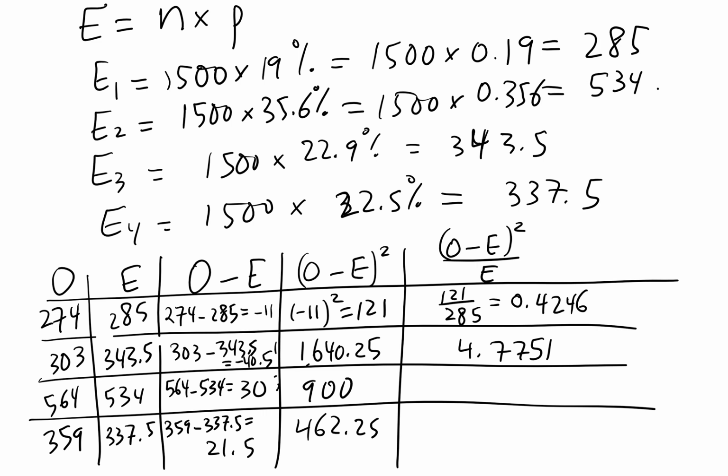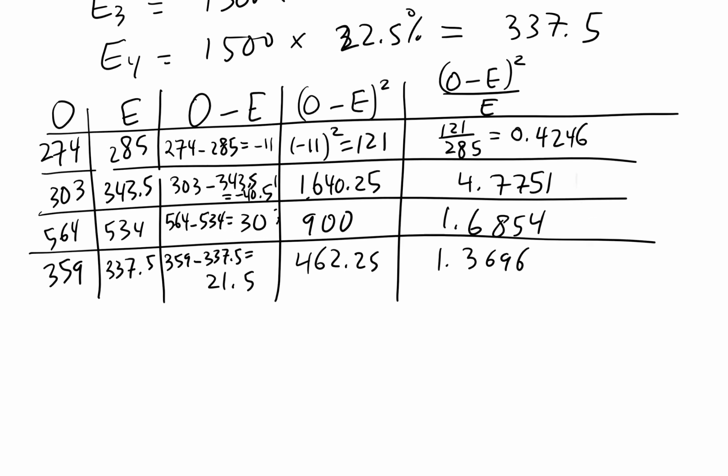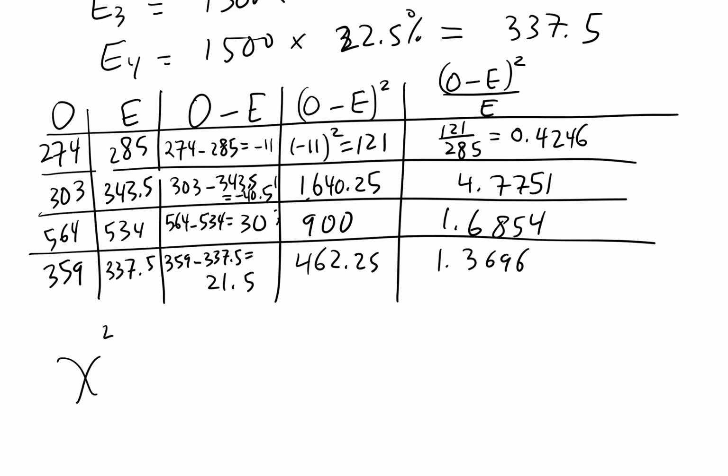So 900 divided by the expected value, 534, gives us 1.6854. And the next one, 462.25 divided by the expected value, gives 1.3696. If you sum them up, the chi-square test statistic I got is 8.255.